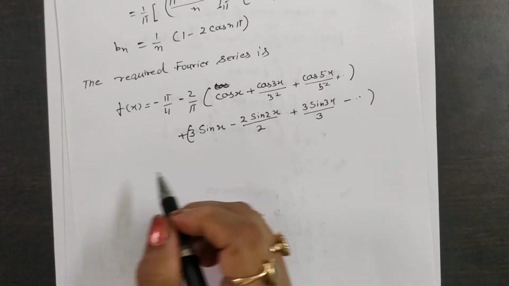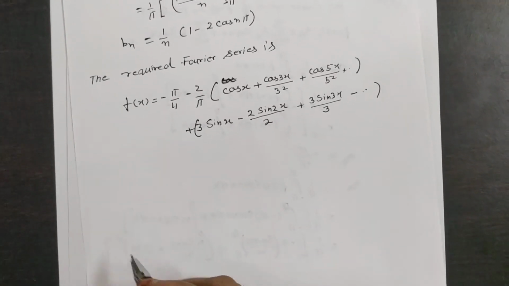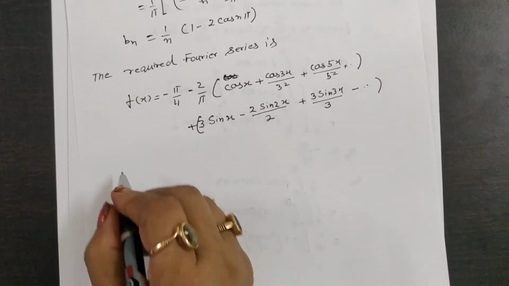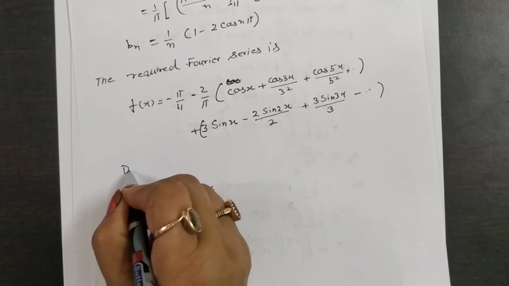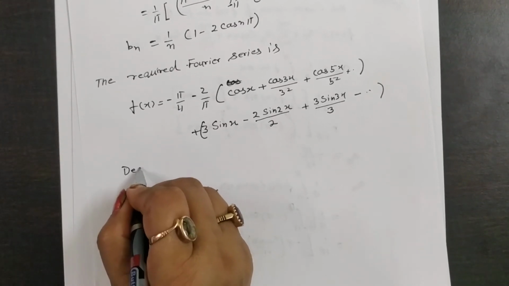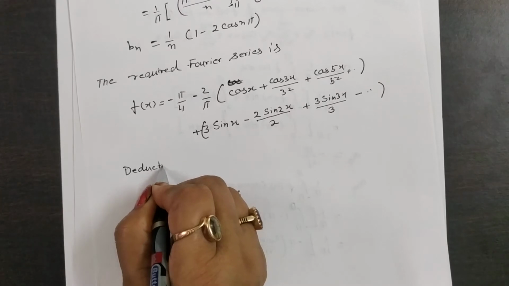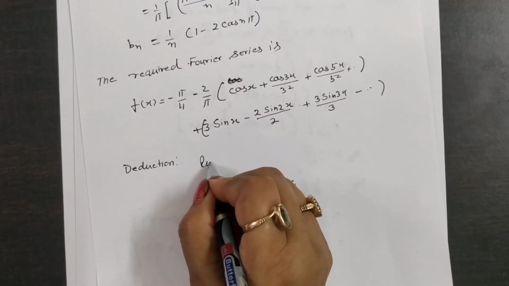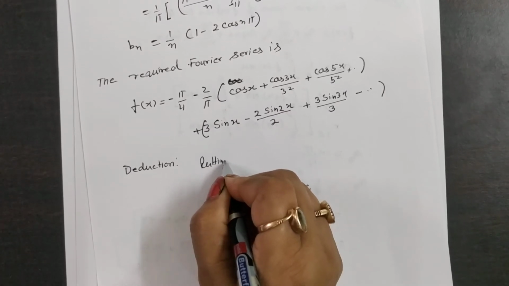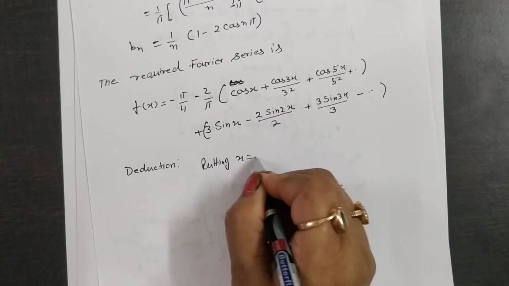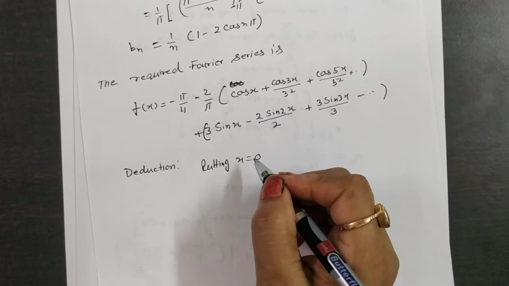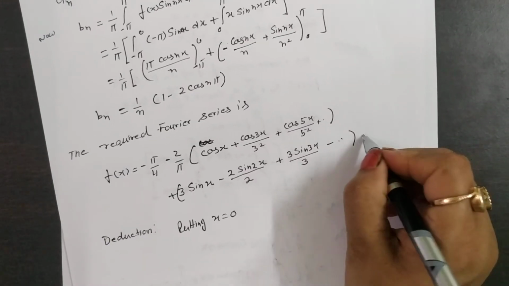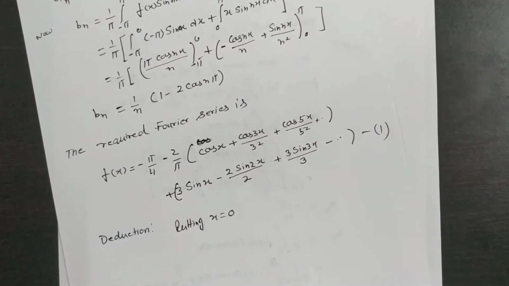Now for the deduction, we put x is equal to 0 in equation number 1, because this becomes the Fourier series.